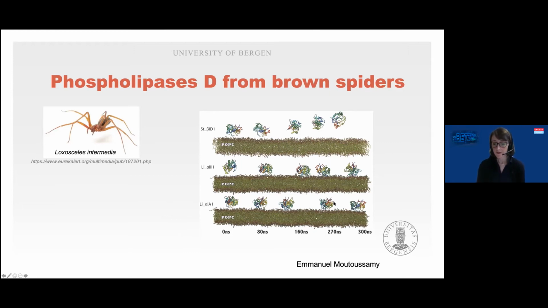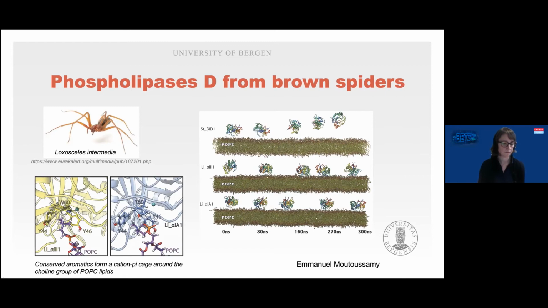The interesting thing is that now that we have those simulations, we can go and check in detail what the interactions are, which amino acids on that enzyme and that enzyme allow it to go to these membranes. And we actually found a number of aromatic amino acids in both enzymes, and those amino acids are located at about the same place in each of the enzymes.